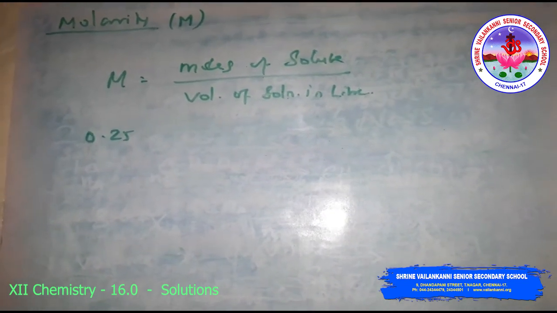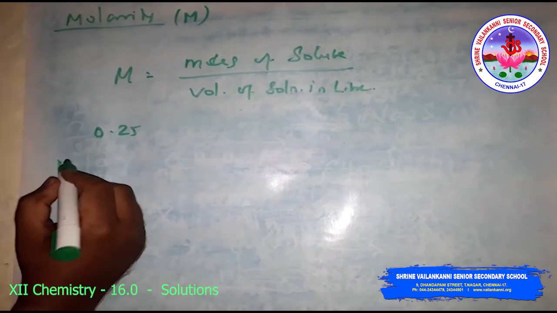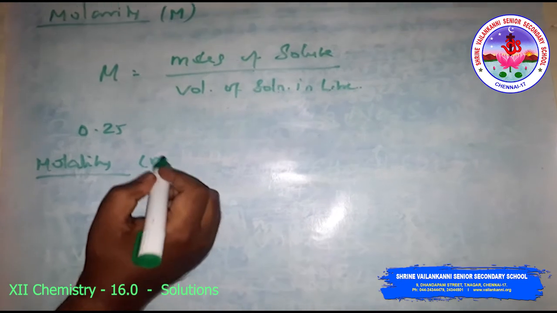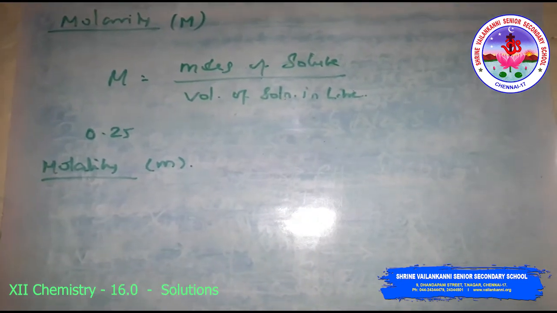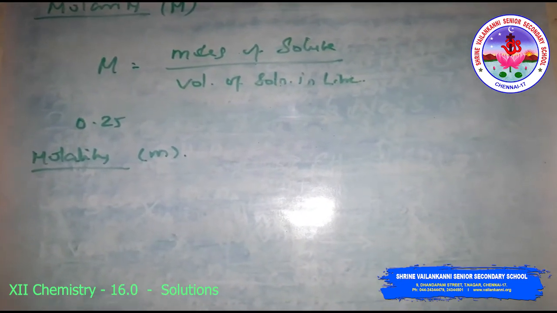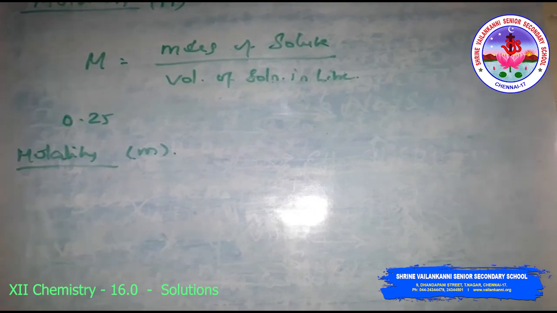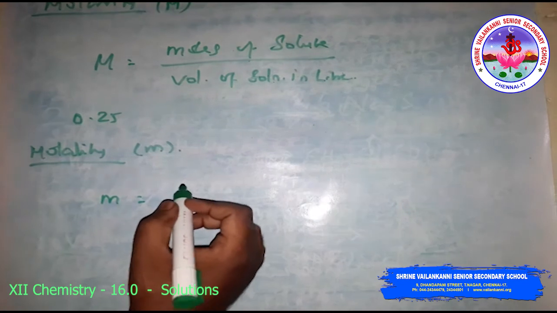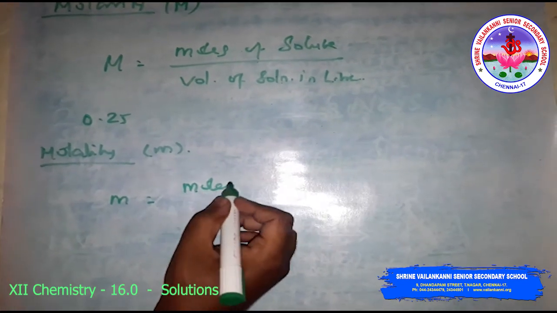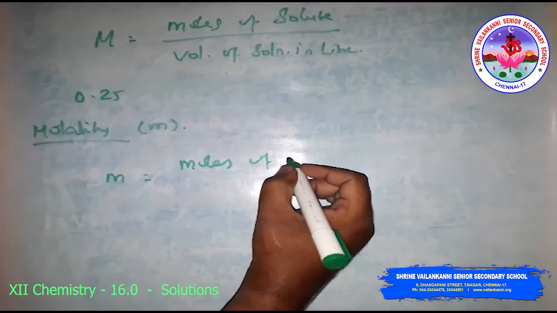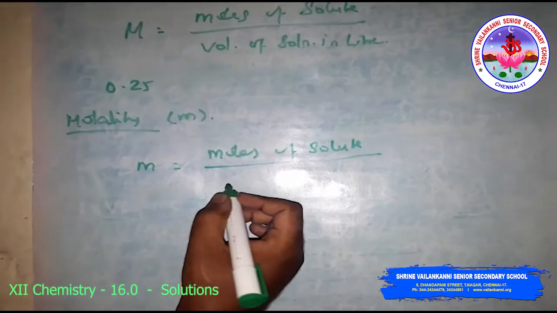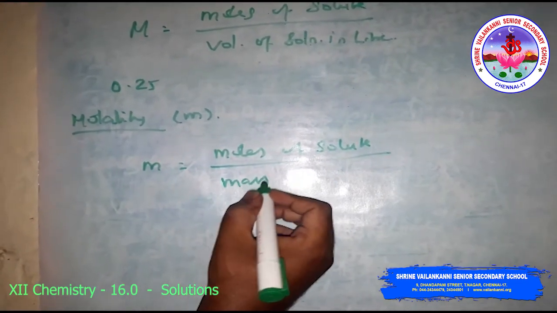Then the molality, small m. Molality is defined as the number of moles of solute per kilogram of the solvent. We can write molality is equal to moles of solute divided by mass of solvent in kilogram.